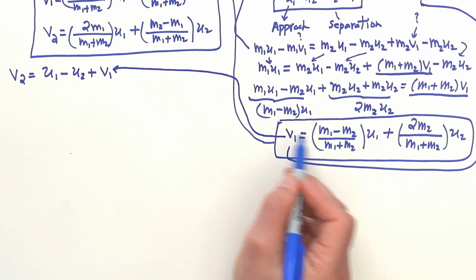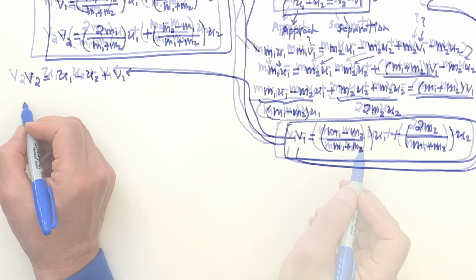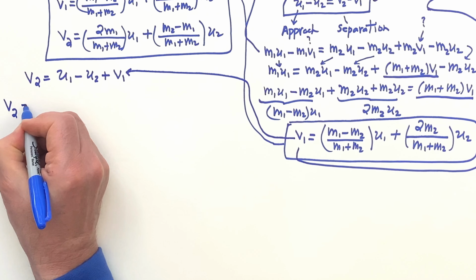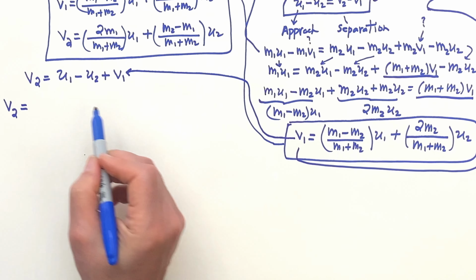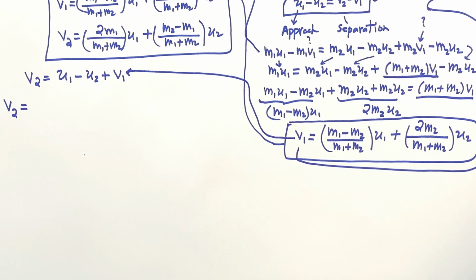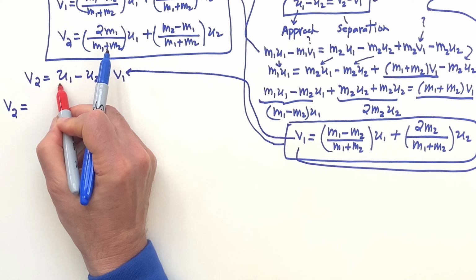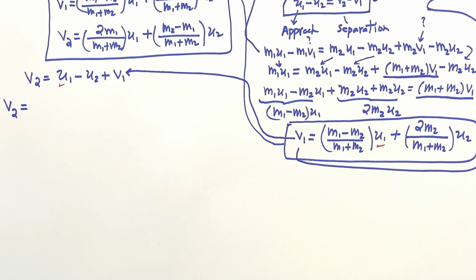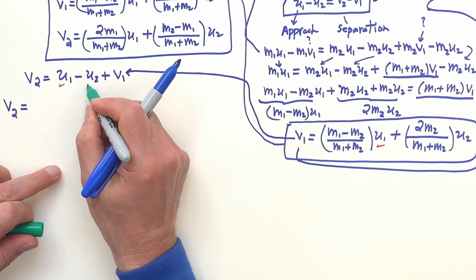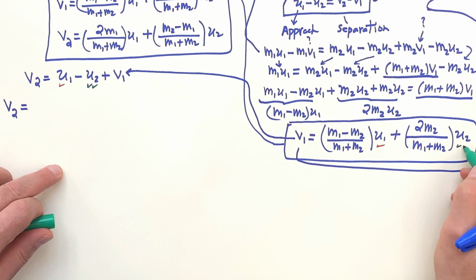And that's the V1. So here, V2 will equal, now when I bring this in, I'm going to have a U1 piece. Let's go ahead and check those here, a U1 piece. And we're going to have a U2 piece.